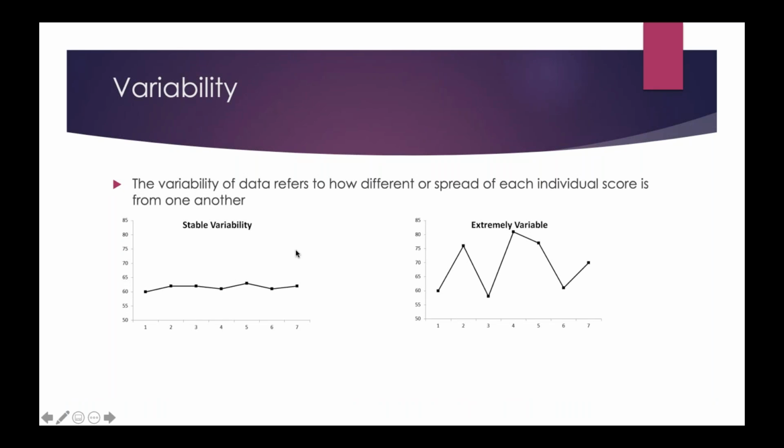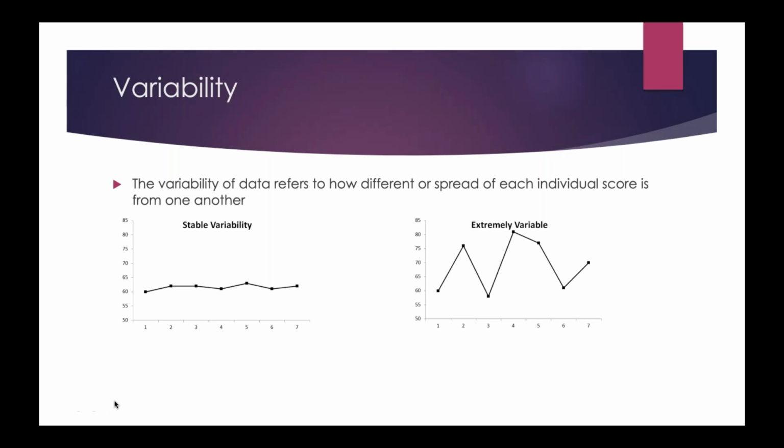Okay, so just some graphing terms to go over. Variability, firstly. The variability of a graph refers to how different each individual data point or score is from another. So the graph on the left shows that the variability of that data is stable, while the graph on the right shows data that is very variable.